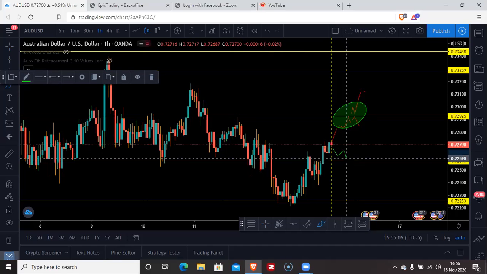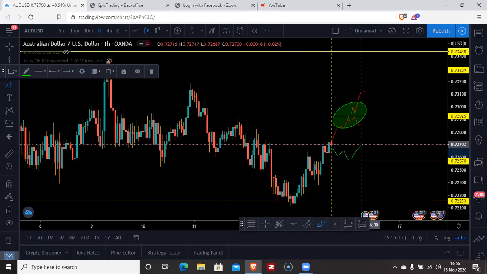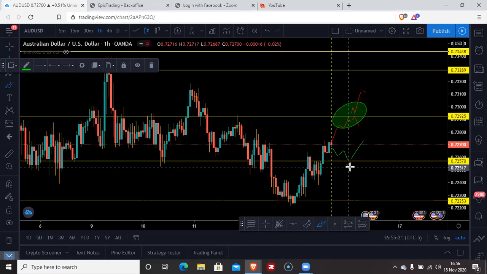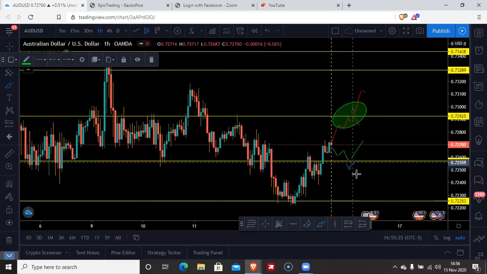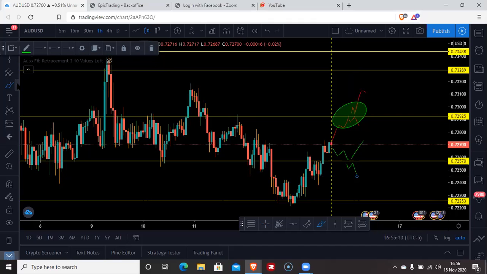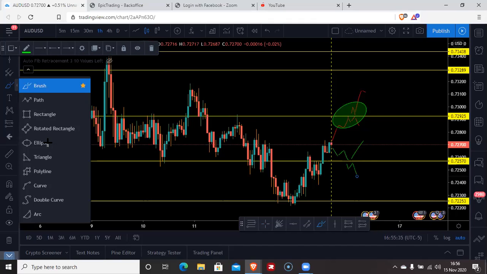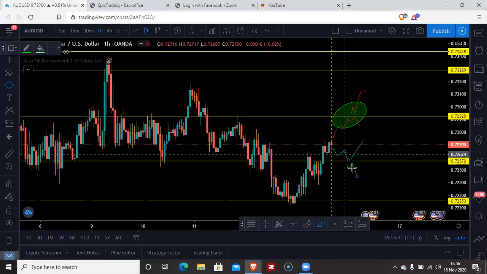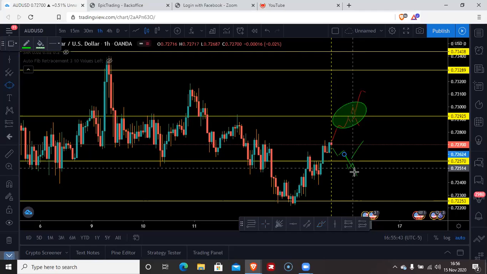It's going to come test this, and it's either going to reject it and come back up to test that zone up there, or it's going to break it, come back up here, test, and drop down. And we're just looking for 20 pips out of either move. That simple. That very simple strategy right there will make you a lot of money.